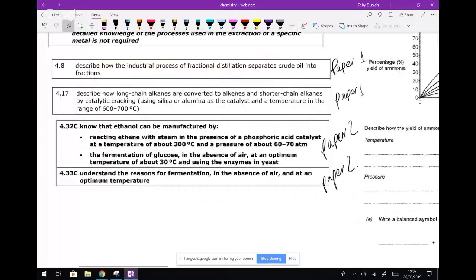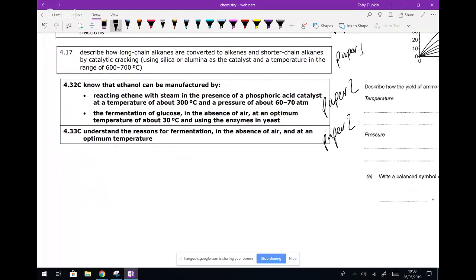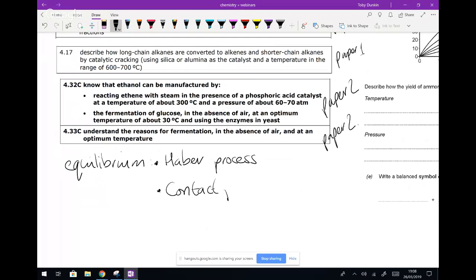Now, I'm also going to quickly mention equilibriums, because of the equilibriums which have been removed: the Haber process, which has now been removed, which is nice, and the second one is the contact process, which has also been removed.